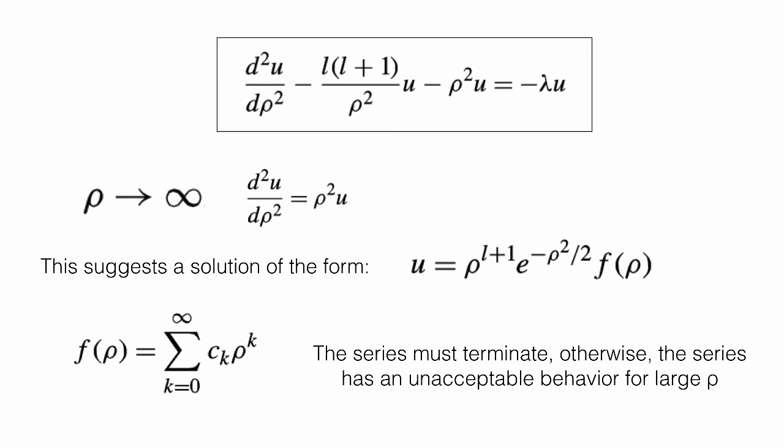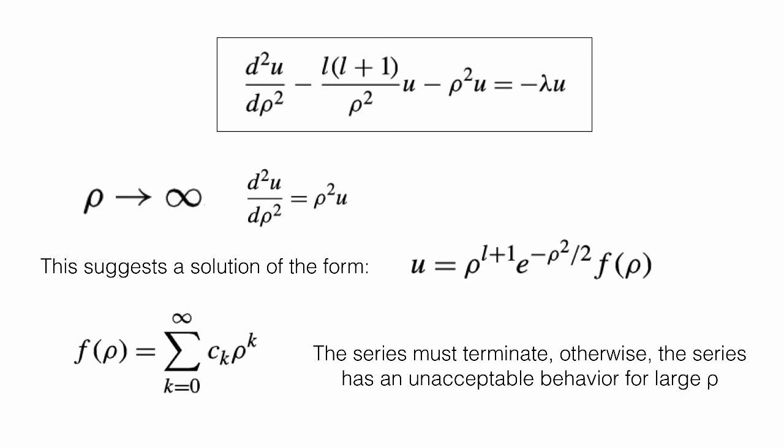In other words, the only way to make it acceptable is that the series has to terminate. In other words, it has to be a polynomial, not a series. And that termination of the series imposes the value of c_k, and then actually imposes the value of lambda, and in turn gives you the value of the energy. It actually gives you the quantization of the energy.